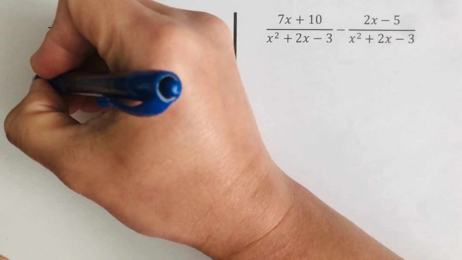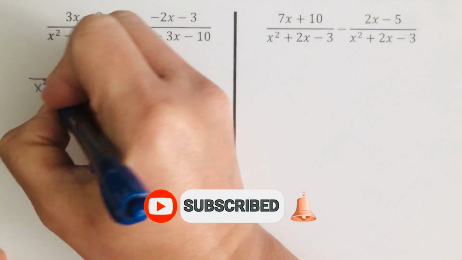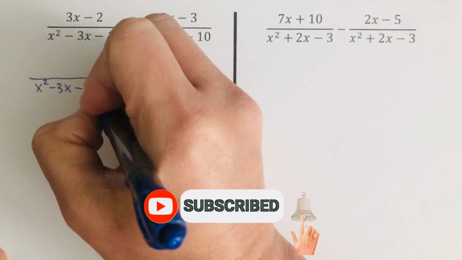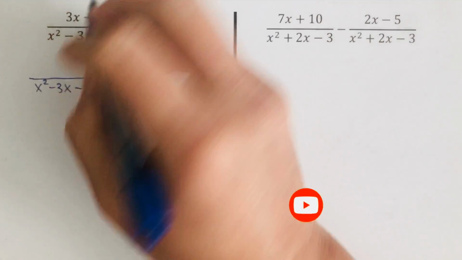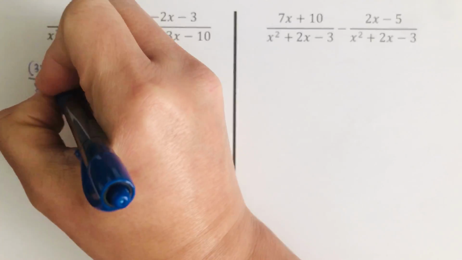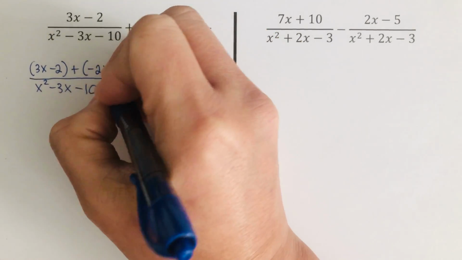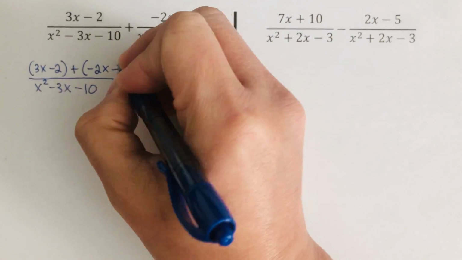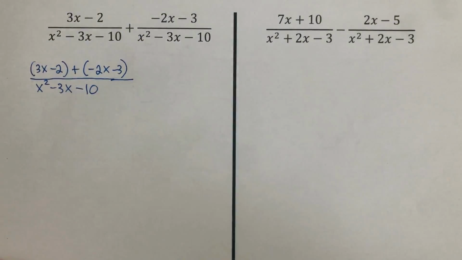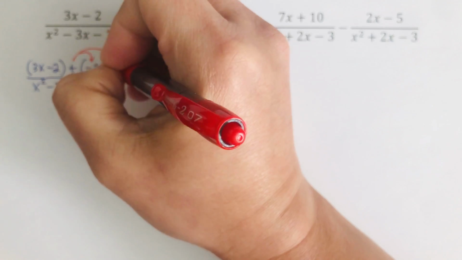So I'll show the work on the side here. Their common denominator is x squared minus 3x minus 10. And then we add the numerators. So that's 3x minus 2 plus the other numerator, negative 2x minus 3. Then we go ahead and distribute the positive to each of the terms inside the parentheses.